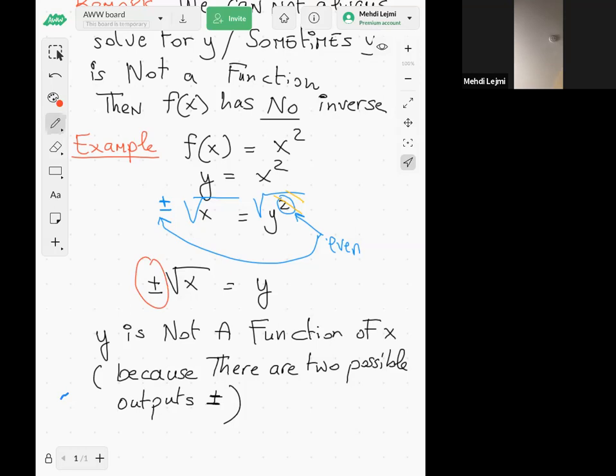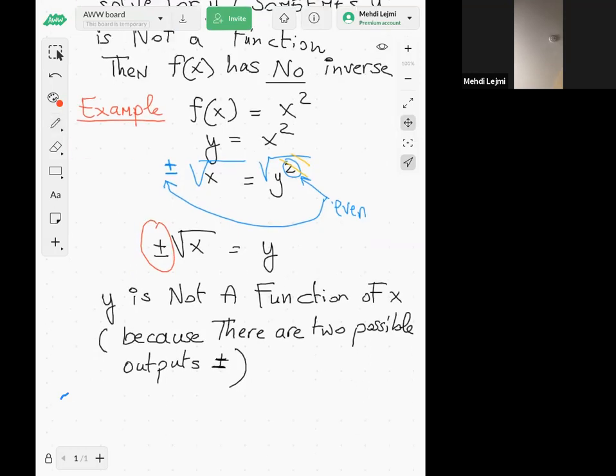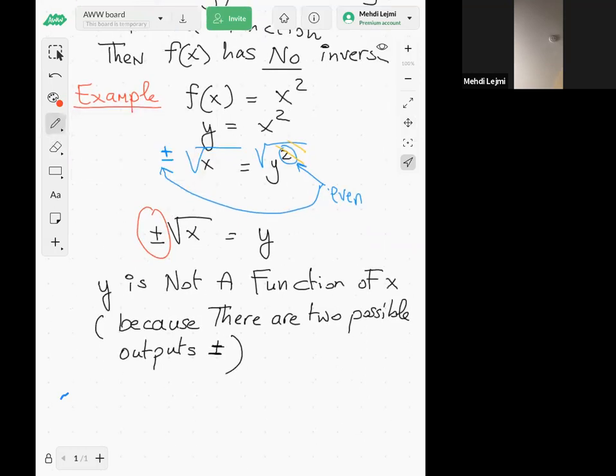So f of x equals 2x squared has no inverse.